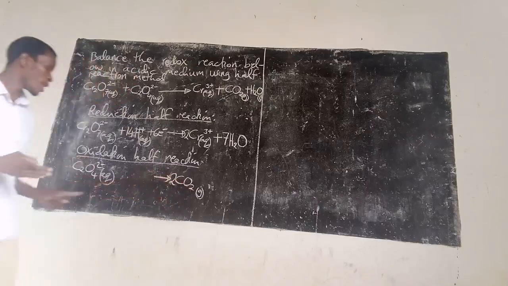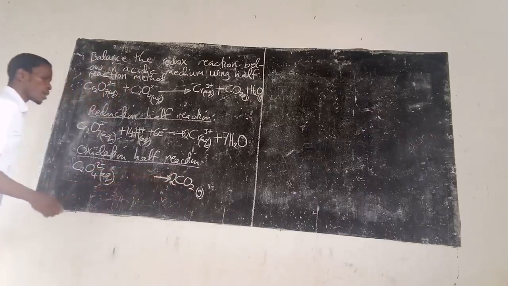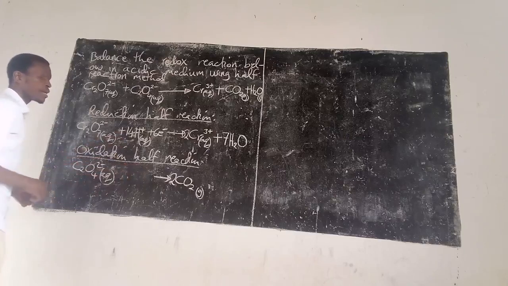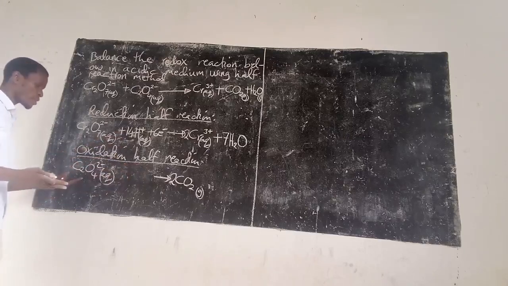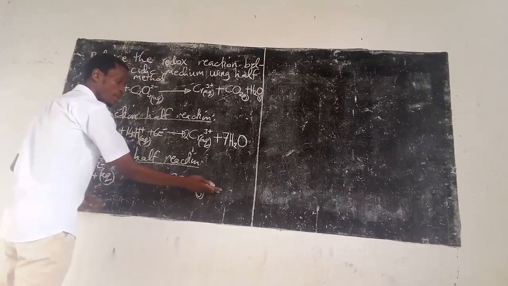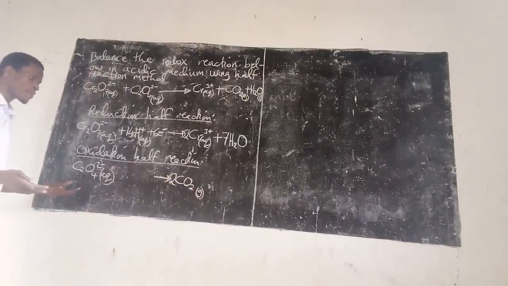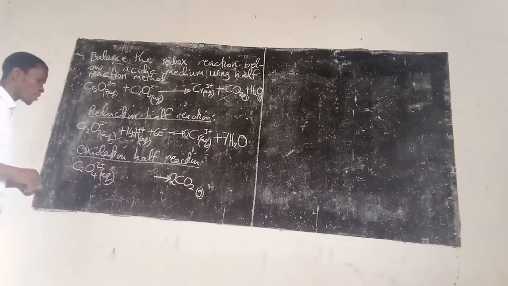So the oxygen atoms are balanced. Then hydrogen: there are no hydrogen atoms on either side, so we cannot balance a chemical species which is not there.